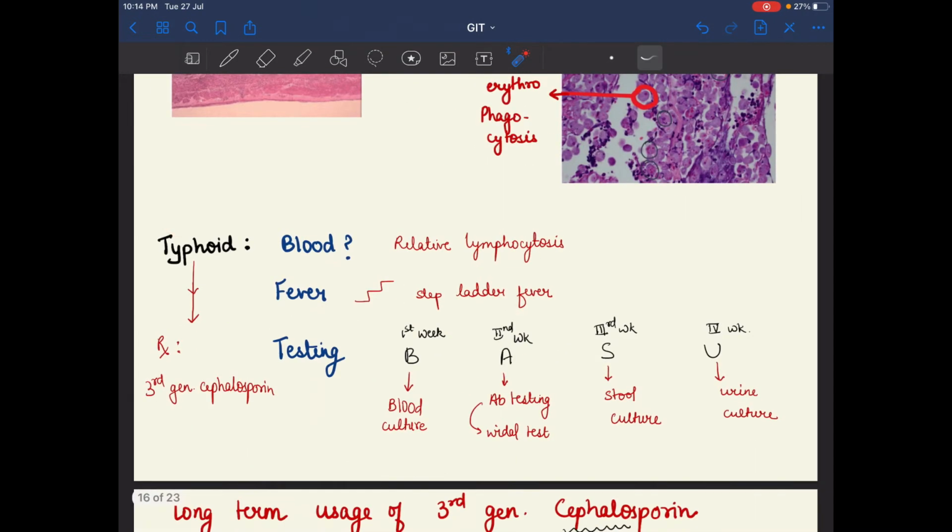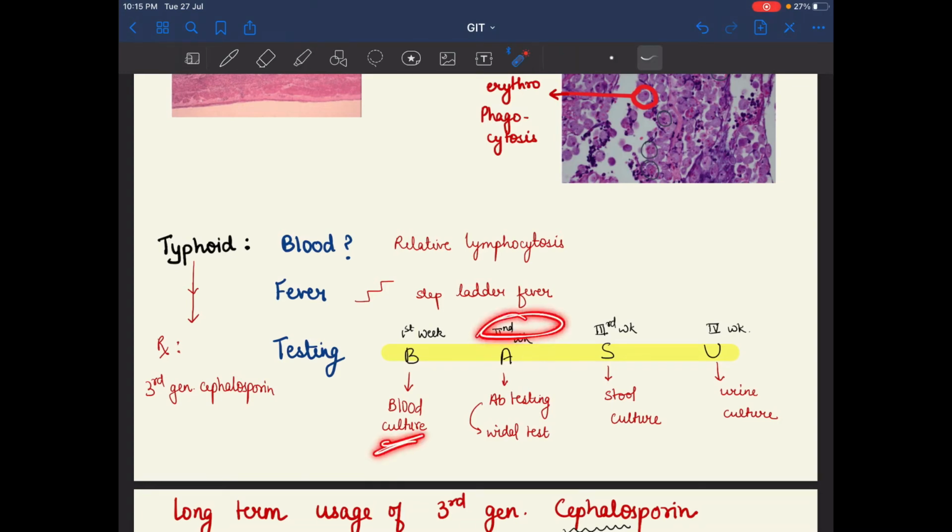So in typhoid there is a longitudinal ulcer, because we wear the tie in a longitudinal way. In the blood, relative lymphocytosis is seen. The fever is a step-ladder pattern fever, and for typhoid testing we have to remember this trick: BASU. In the first week of typhoid fever we do blood culture.